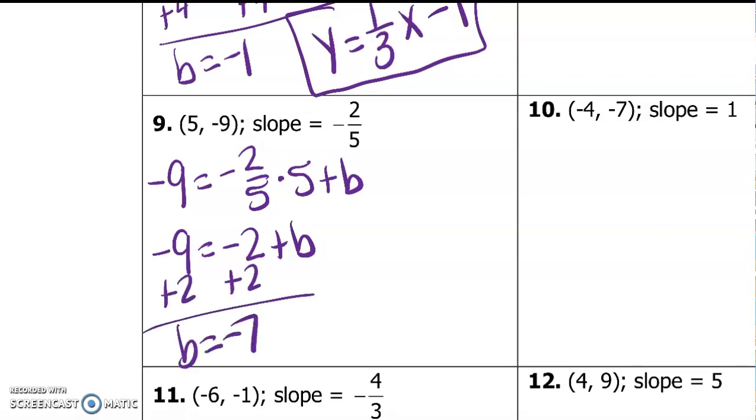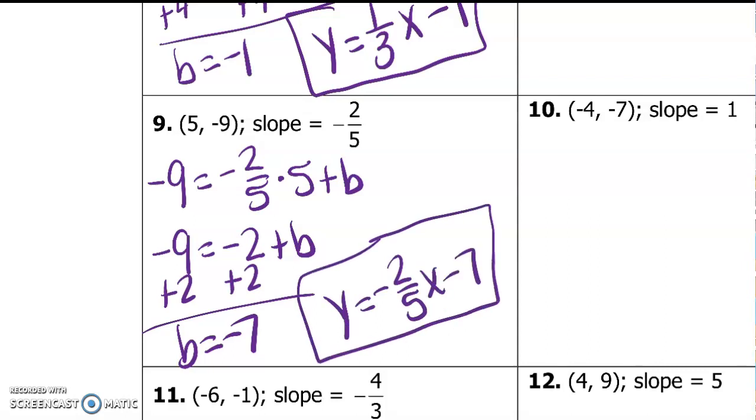So b equals -7. So your final answer is y equals -2/5 x minus 7. Again, if you ever want to check your answer, you just graph this with slope-intercept form and make sure your line actually does go through the point that it says.